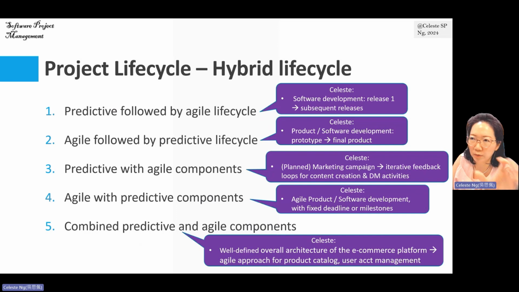How does it look? What is the style of the e-commerce site, the website? We fix the style of the e-commerce site, how it looks. And then later on, we will apply our agile component for our product catalog and, for example, user account management, right?